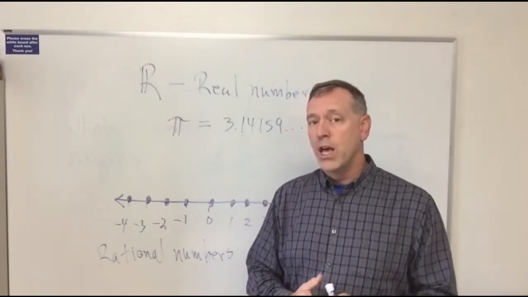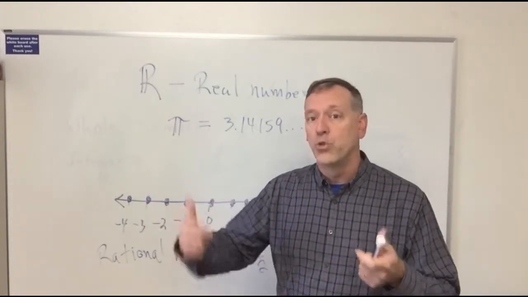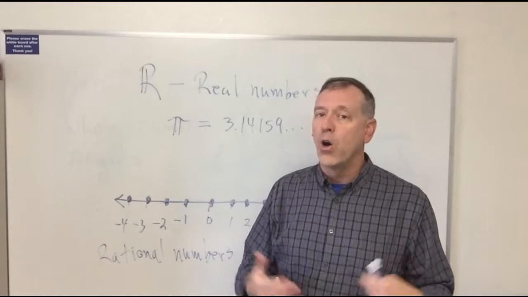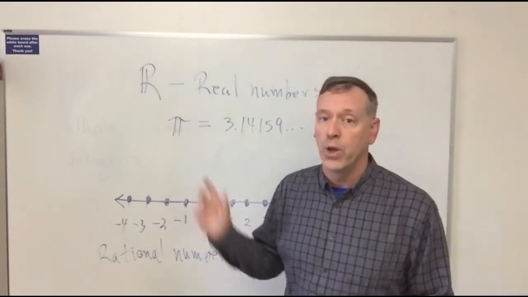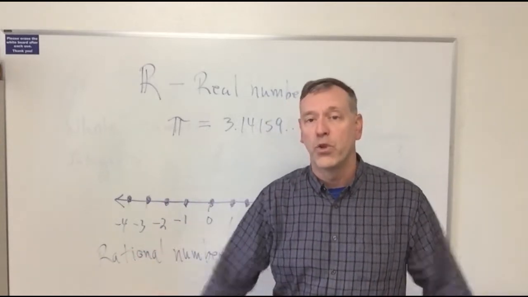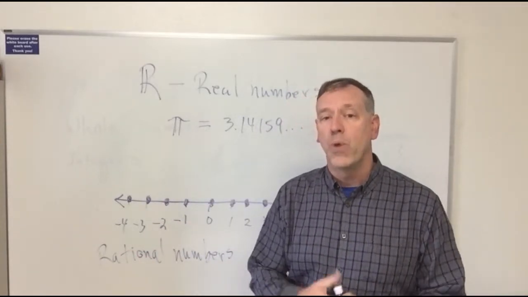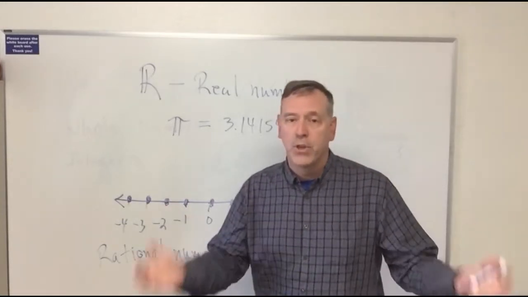And so the real numbers include all natural numbers, 1, 2, 3, 4, and so forth. Include all whole numbers, 0, 1, 2, 3, 4. Those are all real numbers. It includes integers, -5, -4, and so forth. And it also includes all rational numbers, all numbers that can be written as fractions, 1/2, 3/4.